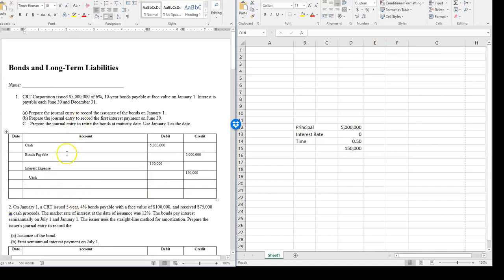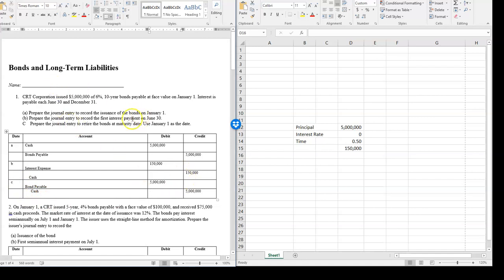We're going to get rid of our bonds payable, because after this entry we no longer owe them any money, of $5 million. And we need to pay them the cash, and so we'll credit cash of $5 million. Alright, so this was letter A, this was letter B, and this is letter C.